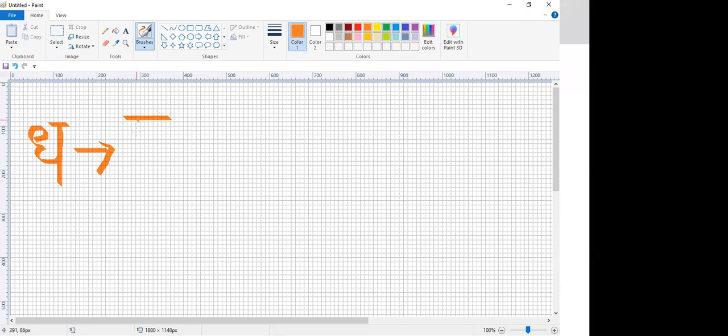Make a Shirorekha and make a U, exactly like a U. No difference from the English U, just it has a Shirorekha. And then the Shirorekha is extended on both sides, or you can even keep it like this. That is no problem. But generally we keep the Shirorekha on both sides. I don't think I need to explain this because it is very simple.